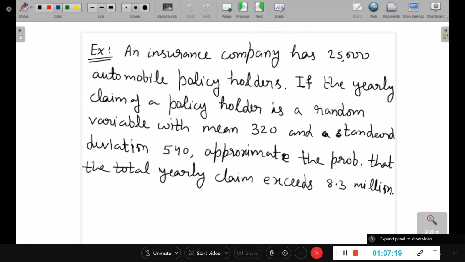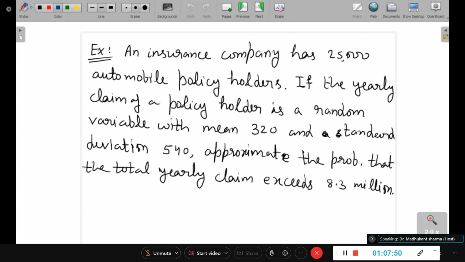So the insurance company has 25,000 automobile policy holders. If for each policy holder you denote i equals 1 to 25,000, and you denote xi as the yearly claim of policy holder i, then there are 25,000 random variables.